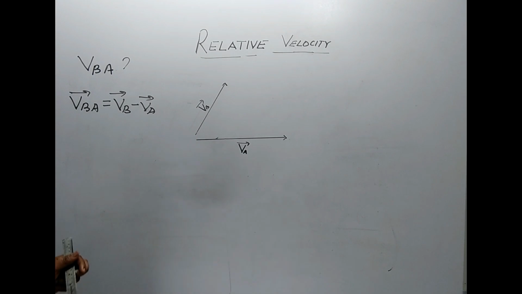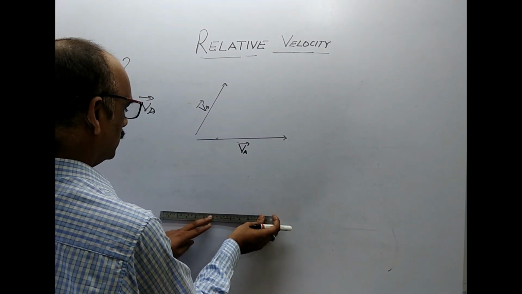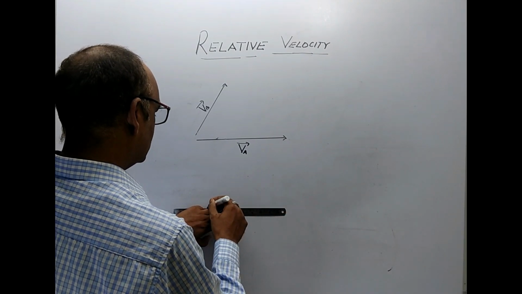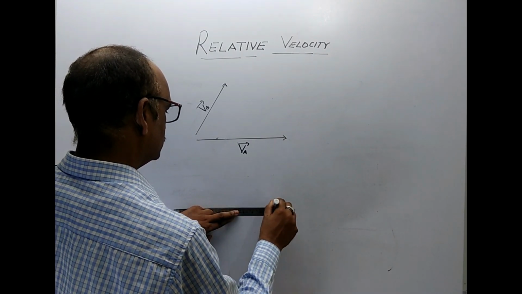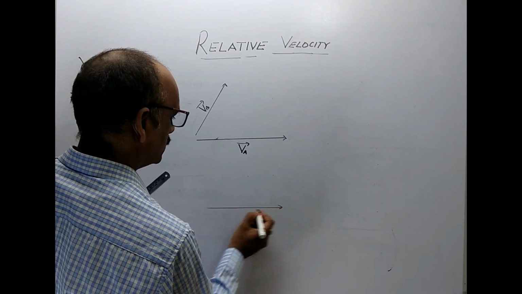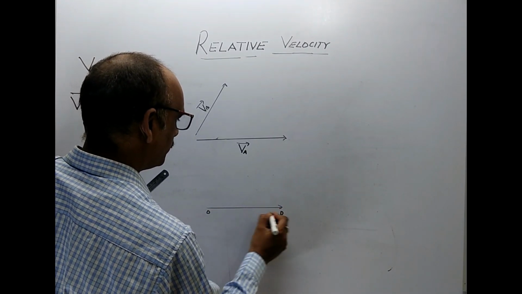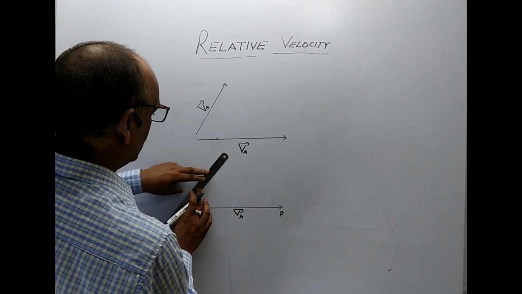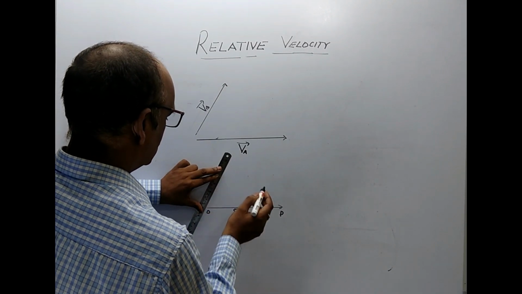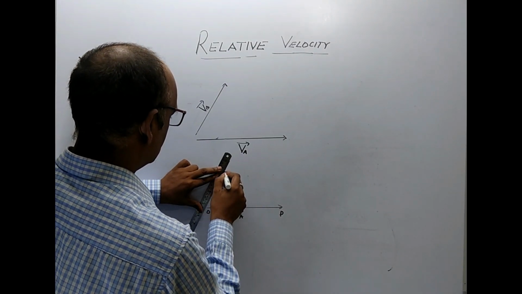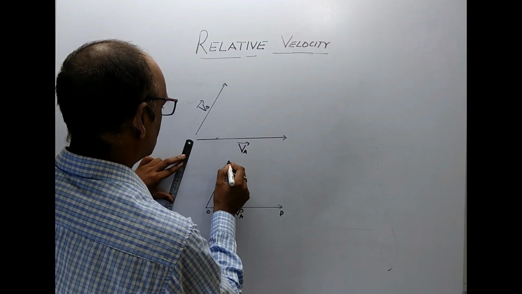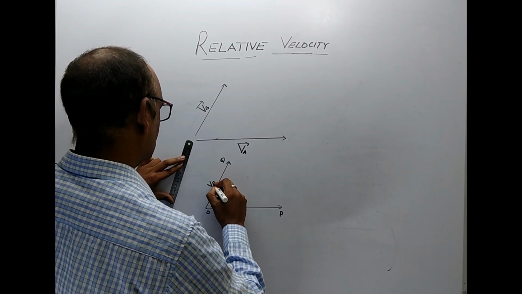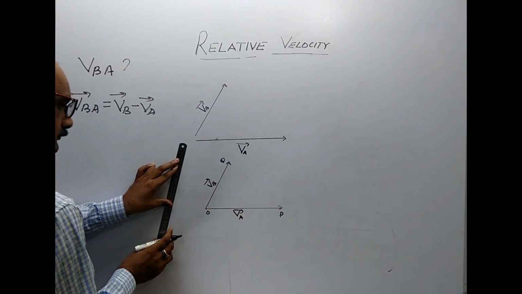So now draw OP, this is vector OP equal to vector VA, and this is OQ, this is vector VB.